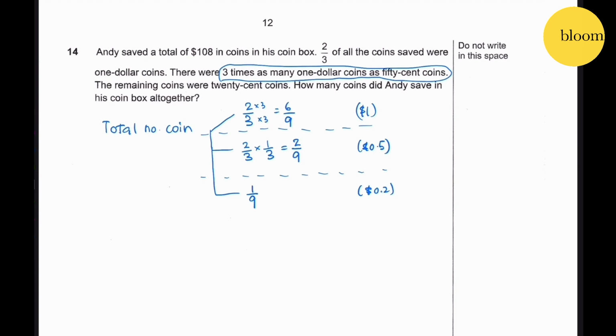How did we get this? It is 9/9 minus 6/9 minus 2/9. That gives us 1/9.